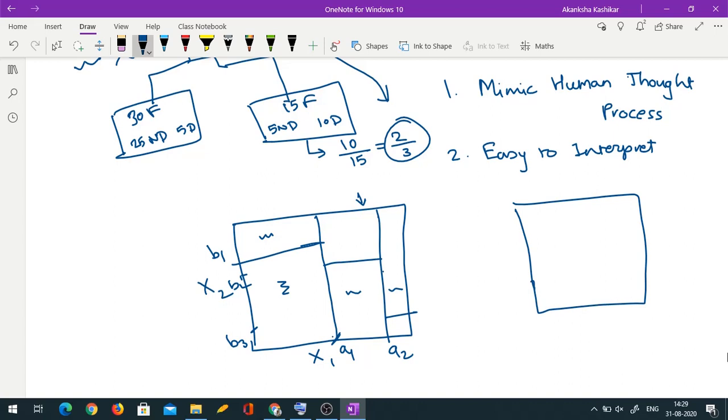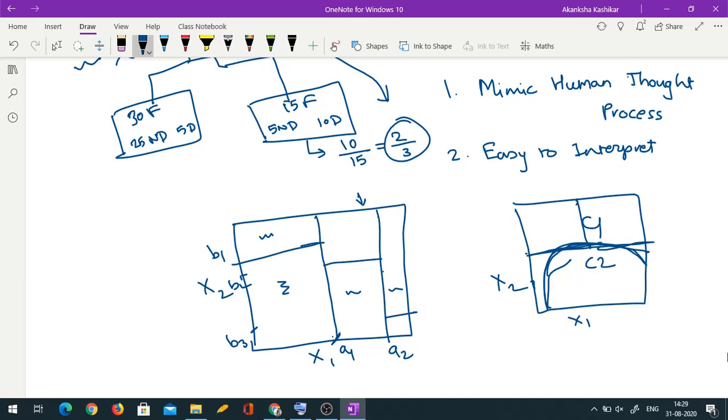So if suppose you have something like this, a tree may not give very accurate results. If this is your class 1 and this is your class 2, a tree may not give very accurate results. You may try to cut something like this.